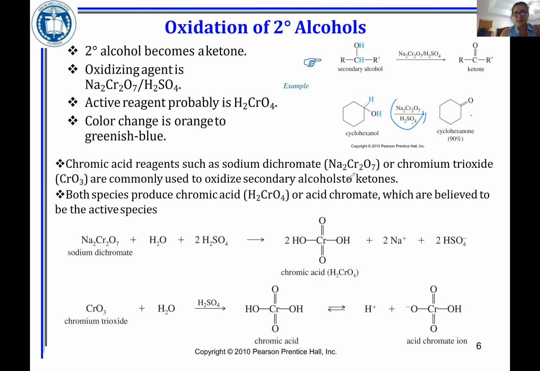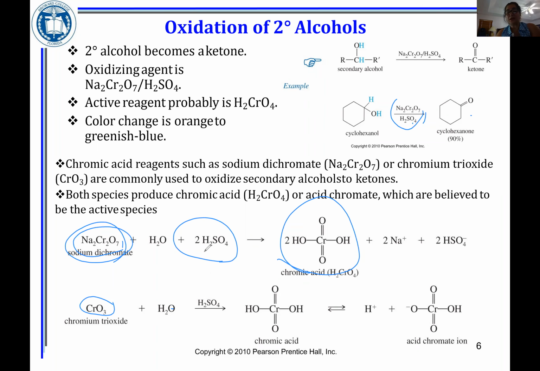The chromic acid reagent: when you mix sodium dichromate with sulfuric acid, it gives you chromic acid, and chromic acid is the oxidizing agent. In order to prepare that, you can either add chromium trioxide in aqueous acidic solution, or you add sodium dichromate and sulfuric acid.